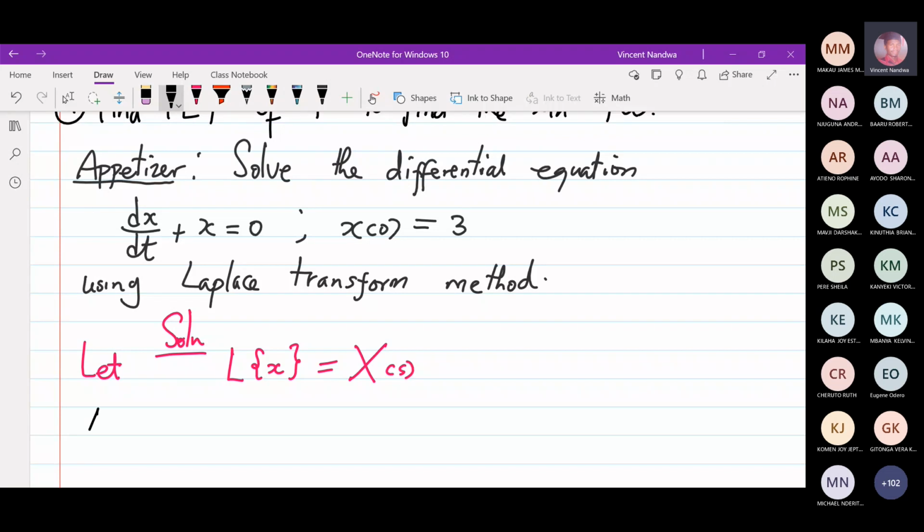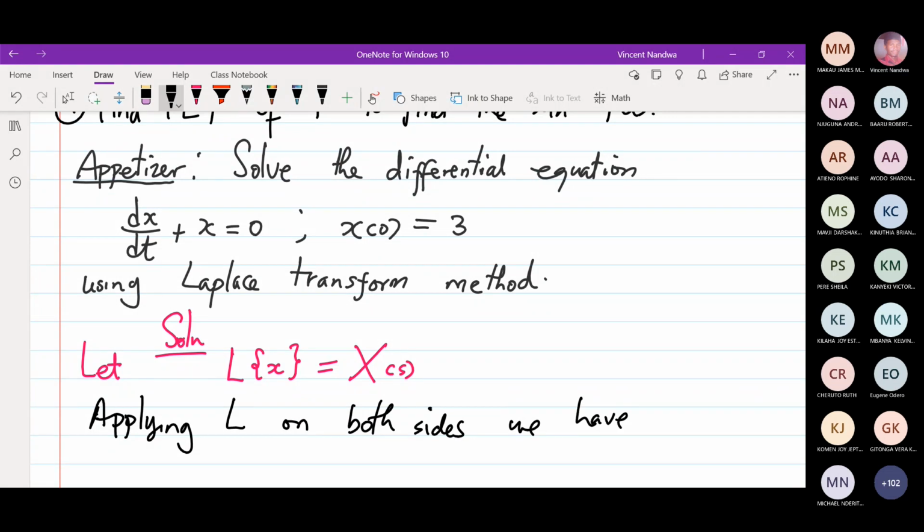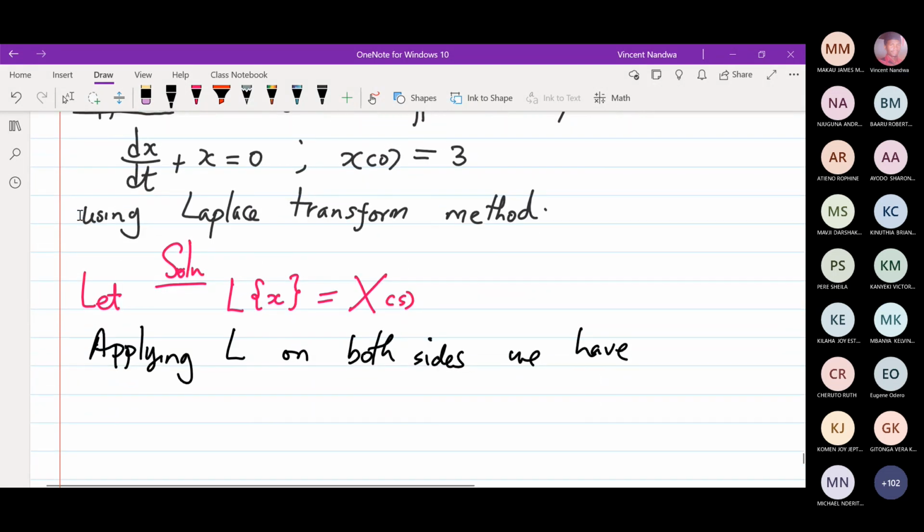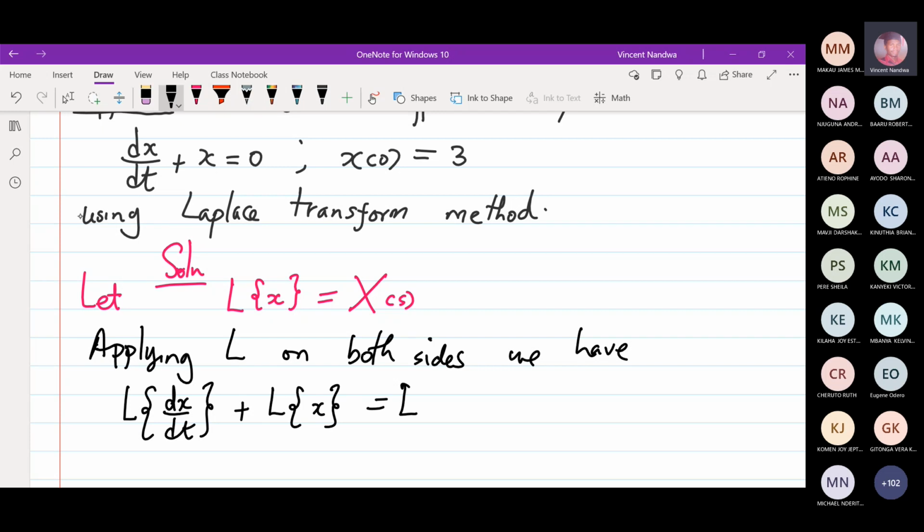So applying L on both sides, we have Laplace transform of dx dt plus Laplace transform of x equals Laplace transform of 0.